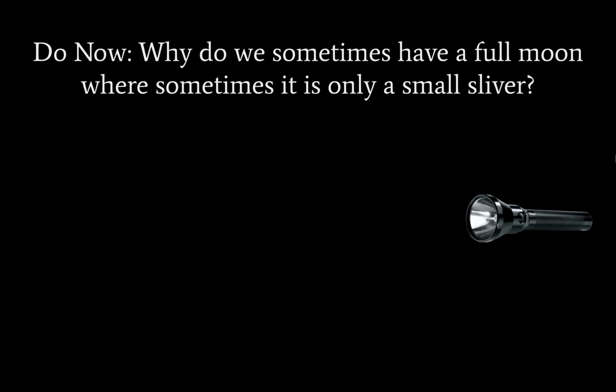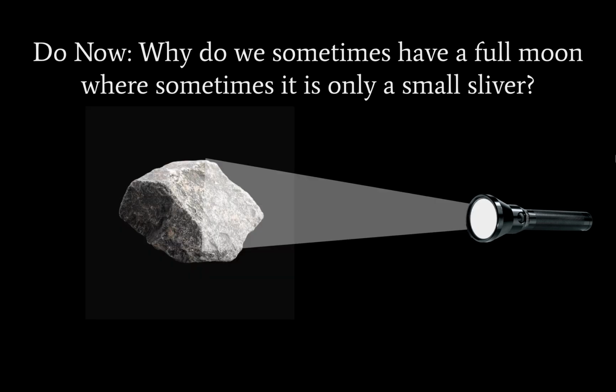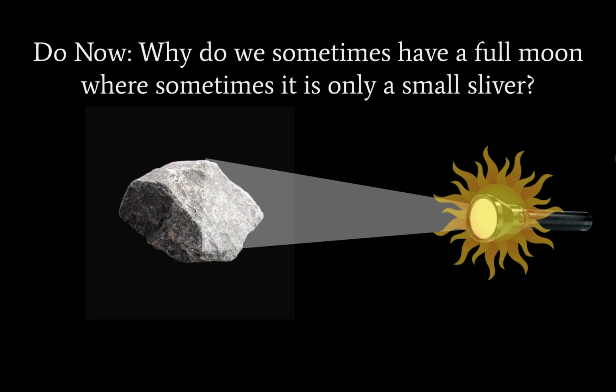In fact, it's more accurate to think about the moon as just a rock in space because that's what it actually is. It's a big rock that orbits around our Earth, and you wouldn't be able to see it in complete darkness. And the only reason we can see it is we shine a light on it. But of course, it's not a big flashlight that's shining a light on our moon that makes us see it, but the sun.